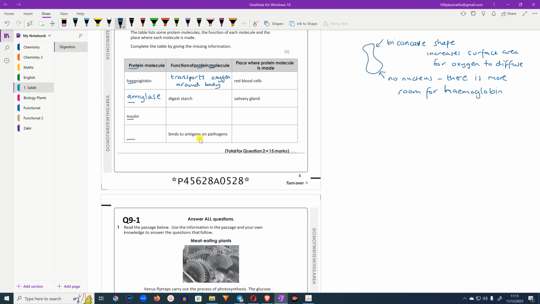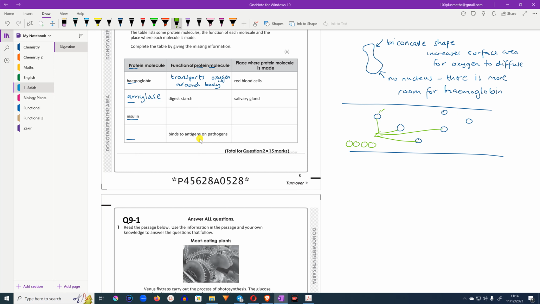Right, insulin, what insulin does is when you've eaten, you've got loads of glucose. So this is glucose in your blood. And you've got too much and you don't need it at the moment. So what insulin does, it grabs these, joins them together into a long insoluble molecule.